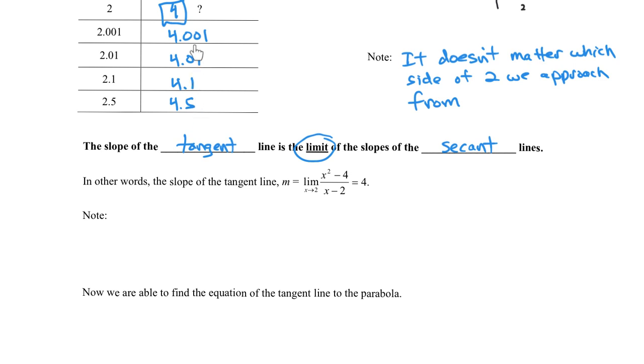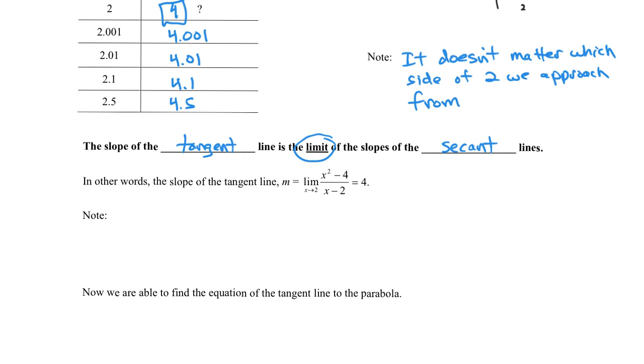The limit of these secant slopes seems to be 4, again from either side. So in other words, the slope of the tangent line m equals, here's the notation that we'll see, the limit as x approaches 2 of this expression, which seems to be 4.